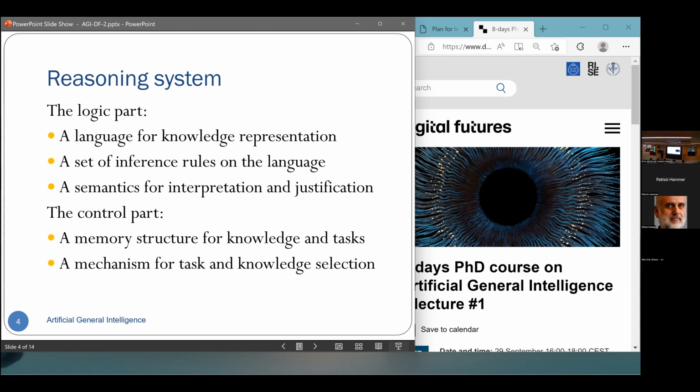And also, there is a mechanism, this is typically called the control, which decides in each step which rule to use. You see that each inference rule already specifies only one step of your problem solving process. Okay, it's kind of like from A and B, you can derive C, something like that.